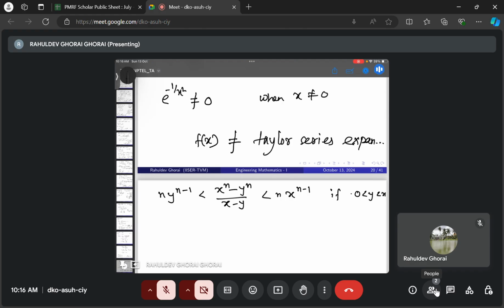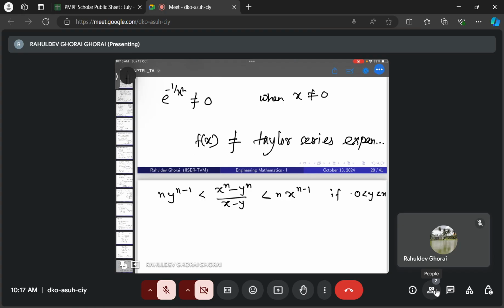For any positive real number, if one is less than another, then you can write this estimate. See, these types of things might be very useful.